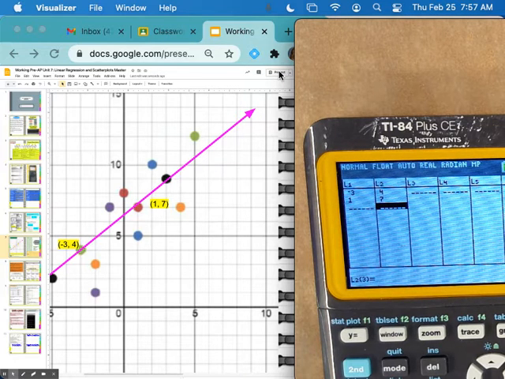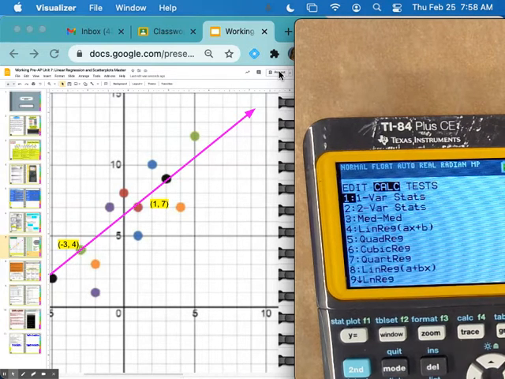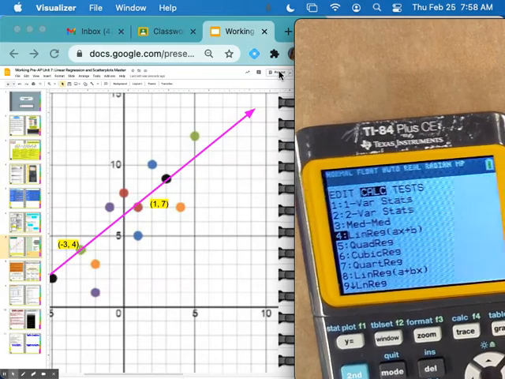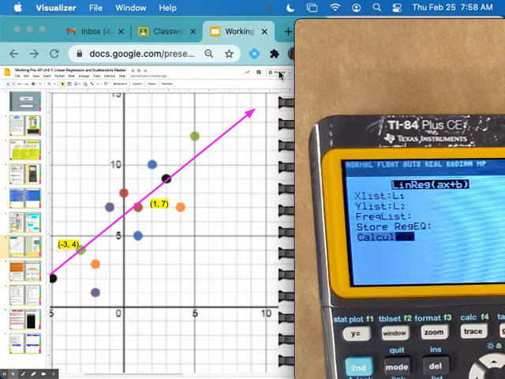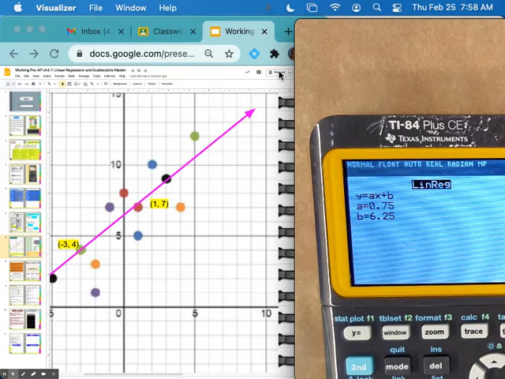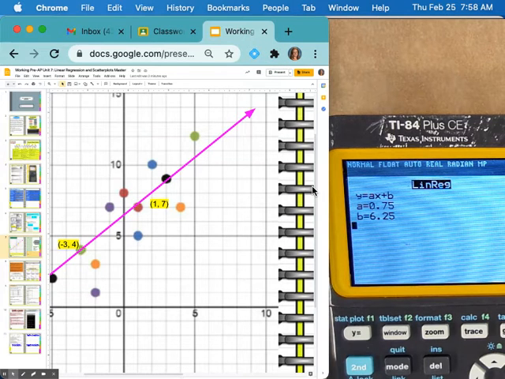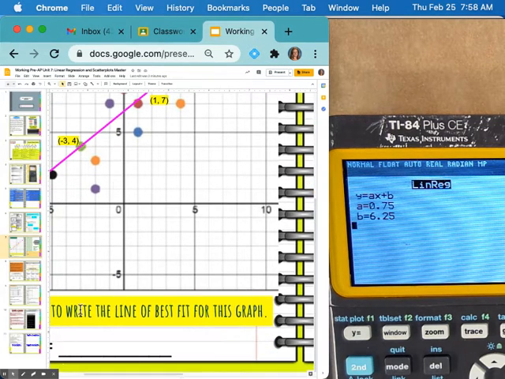And then we're going to compare it to the line of regression that we get from our calculator when we use all of the points. So we are going to go to Stat, Calc, down to linear regression number 4. Okay, so that is our equation. So we need to type that down here.